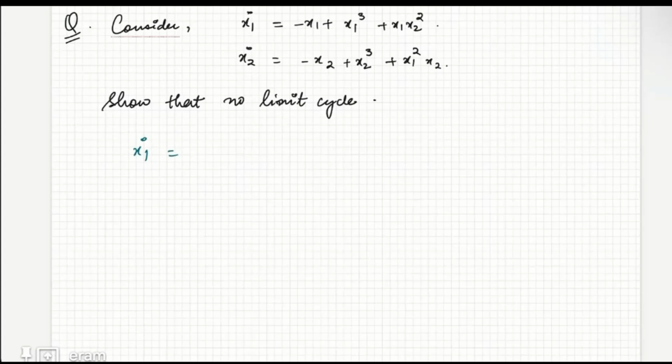Now, if we look at the equilibrium points, we can write system 1 as 1 minus x1 square minus x2 square, and x2 dot we can have 1 minus x2 square minus x1 square. So what are the equilibrium points for this system?